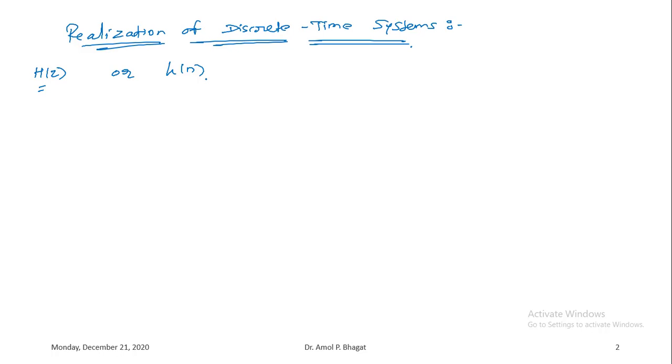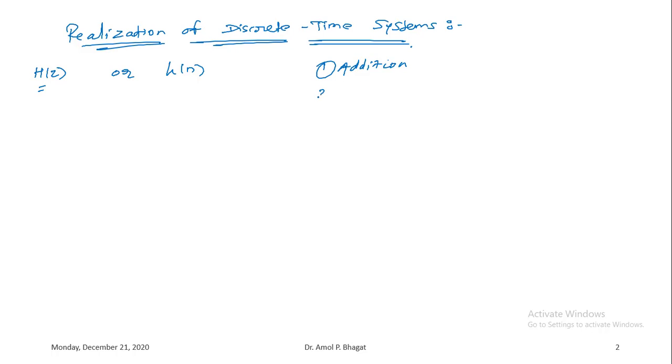So in order to implement the specified difference equation of the system, the required basic operations are these: any difference equation can be simply implemented by using, or it may comprise, basic operations.